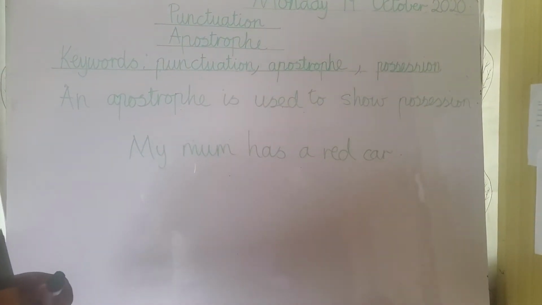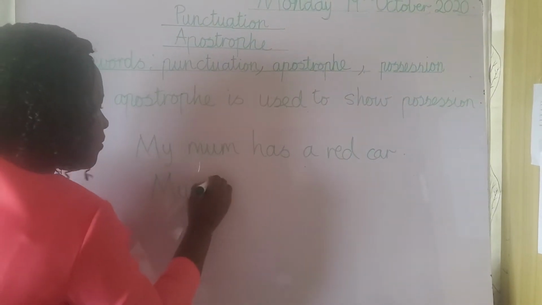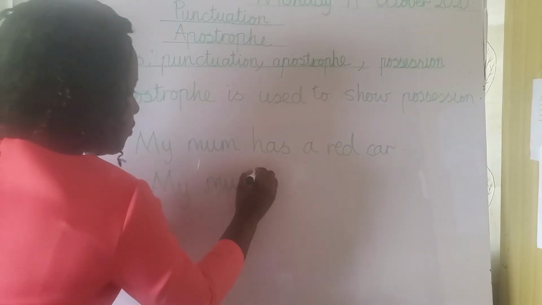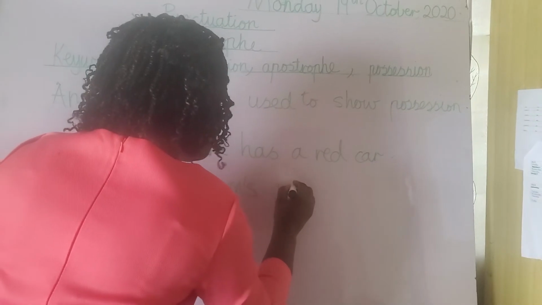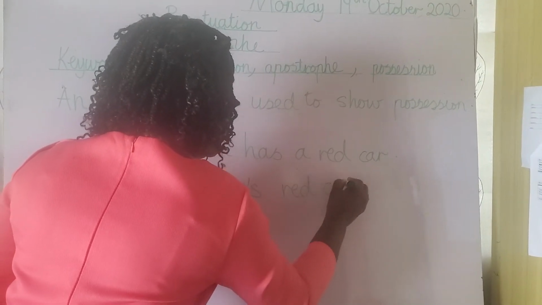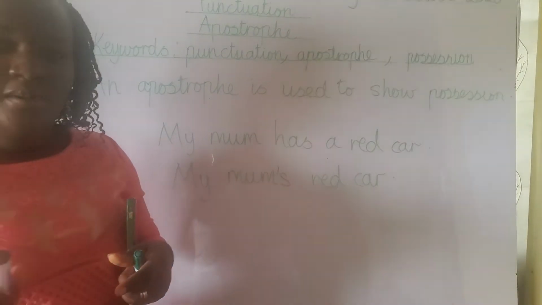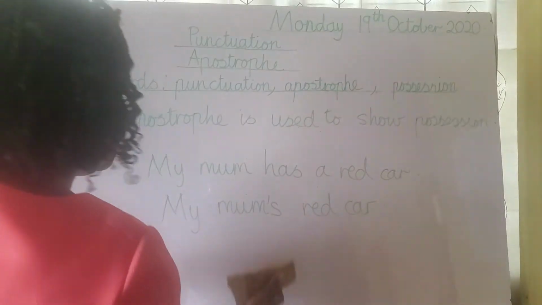I'm sure you got that right. My mom's, so your mom, then apostrophe S, my mom's red car. Is that okay? I hope you understand it up to this point. Very good.